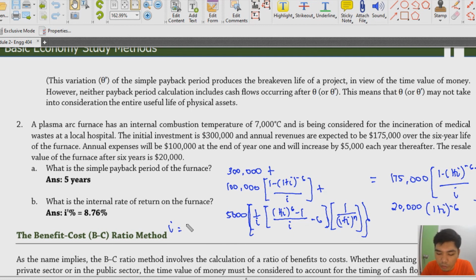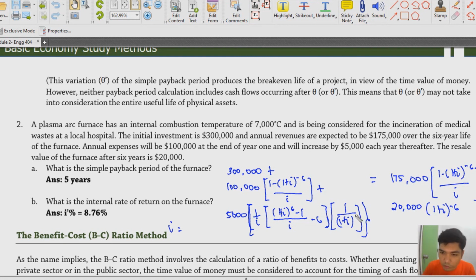But if you try to check on the value of 8.76, it should give you the same result as the other one on the other side. So the technical thing there is when you substitute that value and get the same answer or same result on the other side of our equation, then that should probably be our answer in this expression, right? It should give you the correct answer.